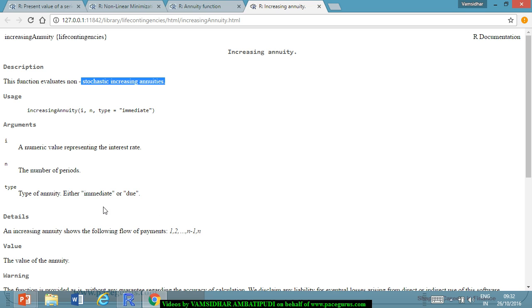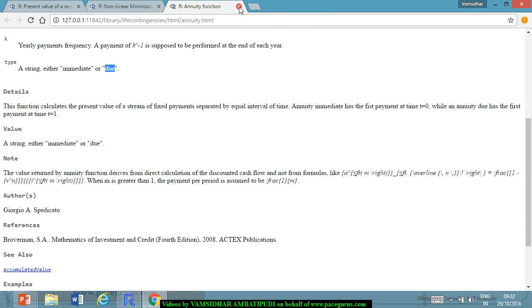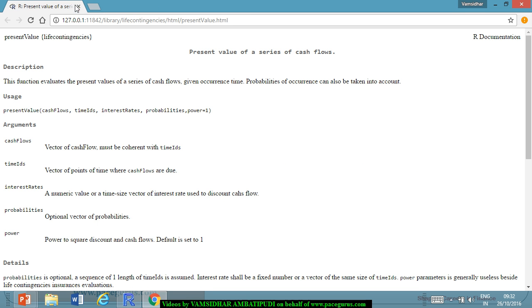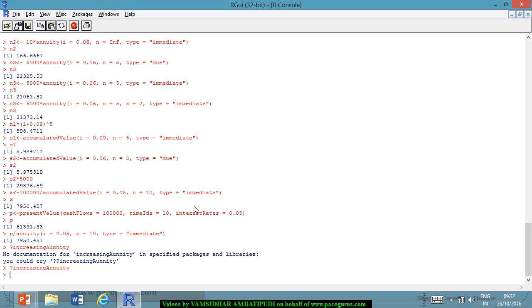As I have already indicated, it requires an interest rate, the number of periods, and either an immediate or a due type needs to be given as the input. So fair enough, let's give that. For that numerical, I can say the PV1. For 480, I'll take it as an annuity.